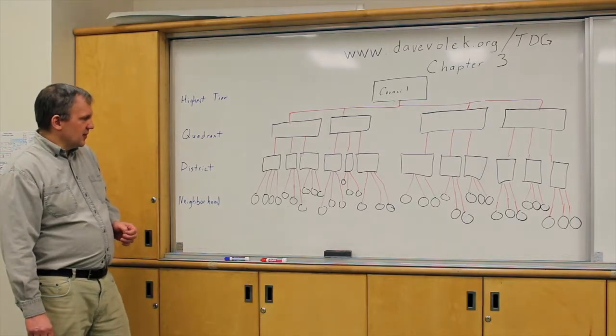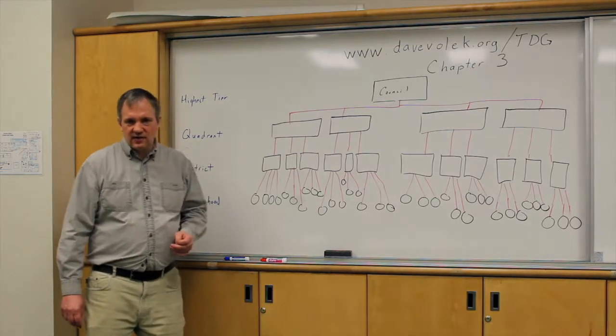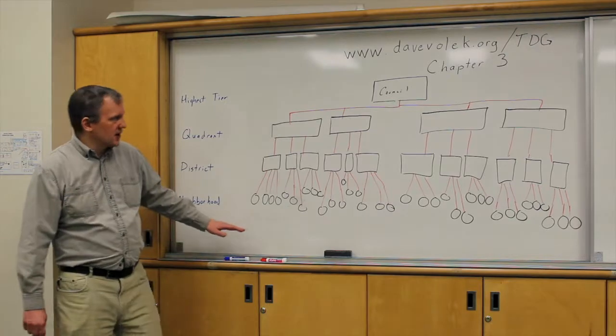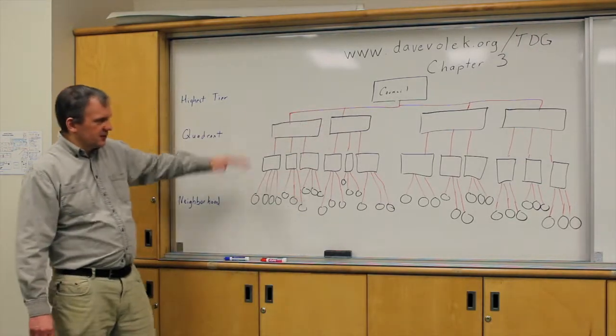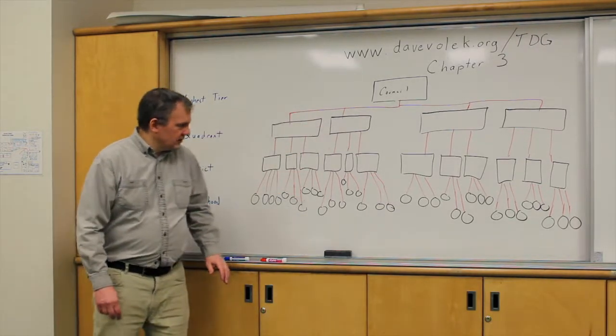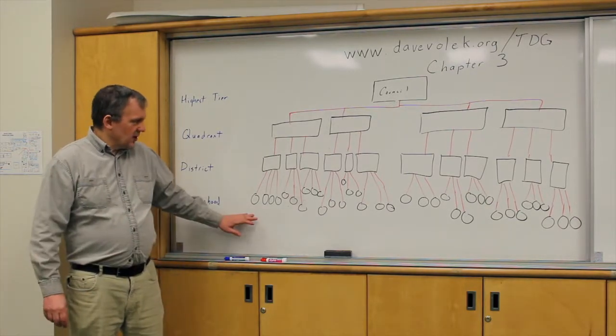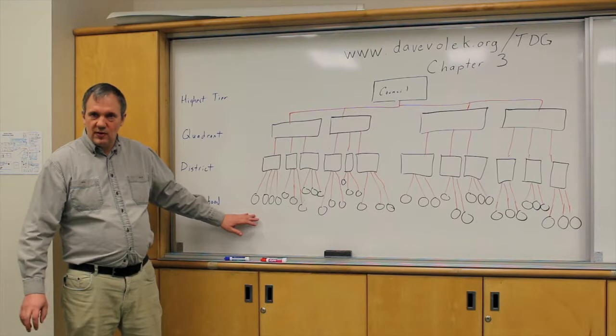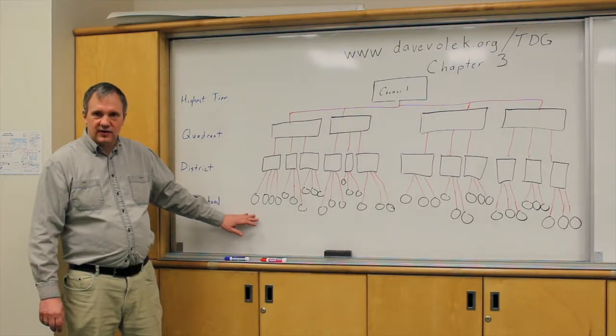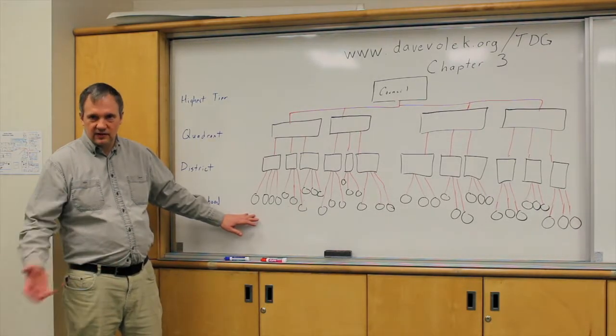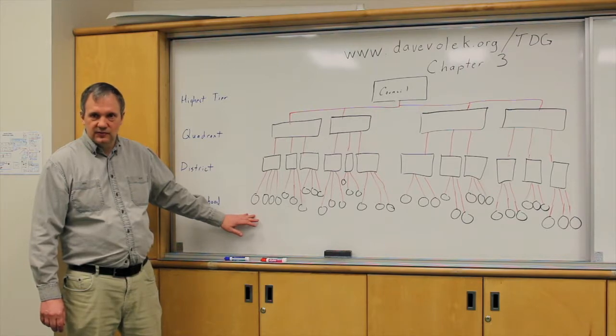And for a lot of people, the democracy, well, they say, that's not fair. It should be the people at the bottom who decide who the people at the top are, not this filtering process. And the reason why the TDG does this is that the people at the bottom really don't know the people that are offering themselves for candidacy to become an elected official. They know very little about them.